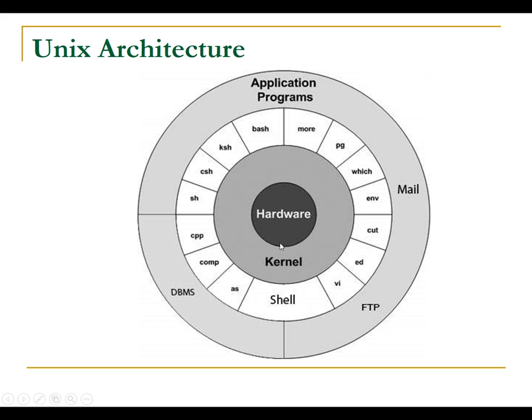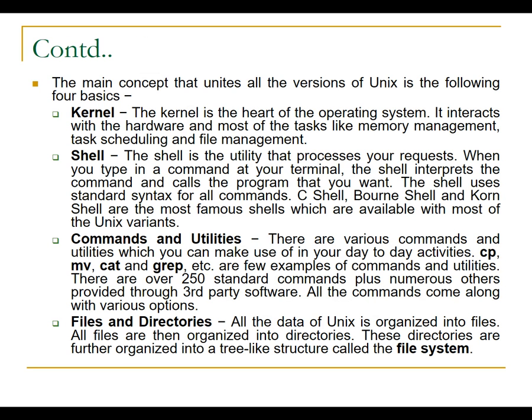So this is the diagram which is called the Unix architecture. As mentioned in this diagram, it contains various components that we have to discuss in detail. All these components are described here one by one.